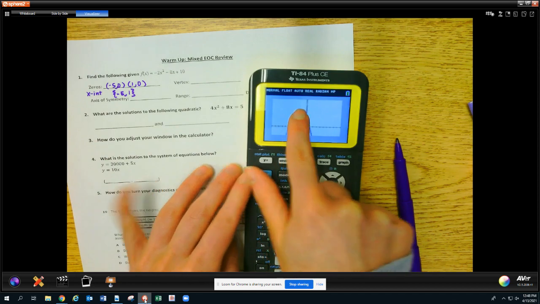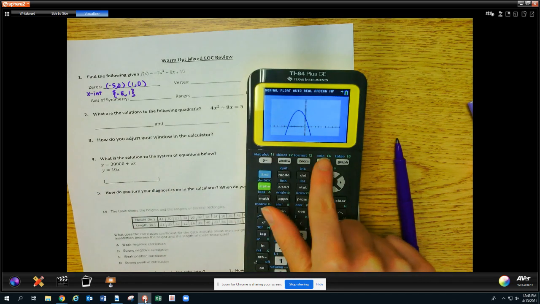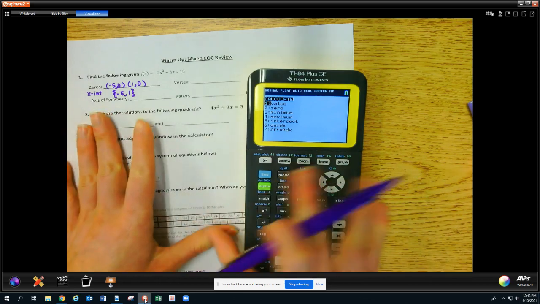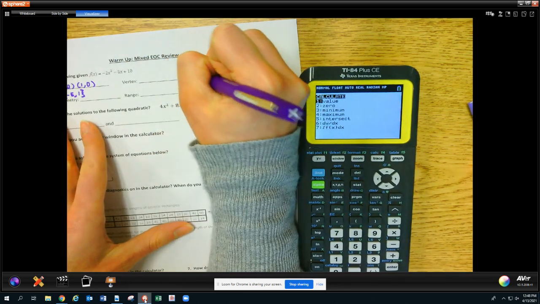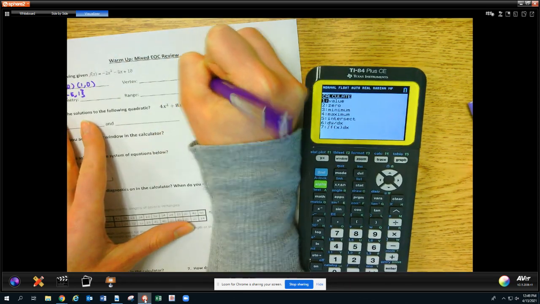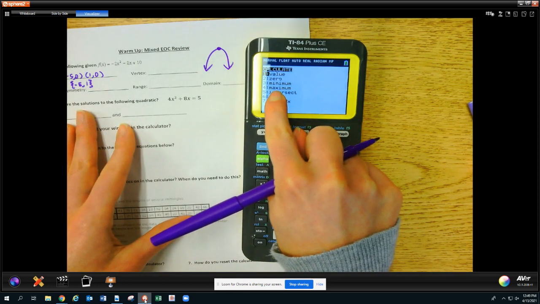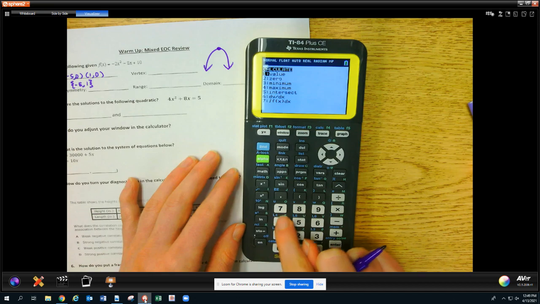To calculate that, you have to press second trace. Since the quadratic is opening downward, we know that's a maximum. So this vertex is a maximum, and so choose option 4.